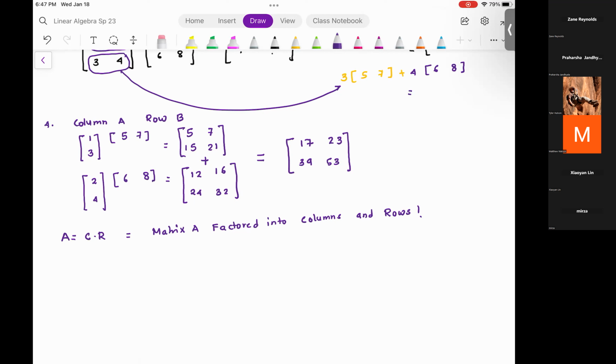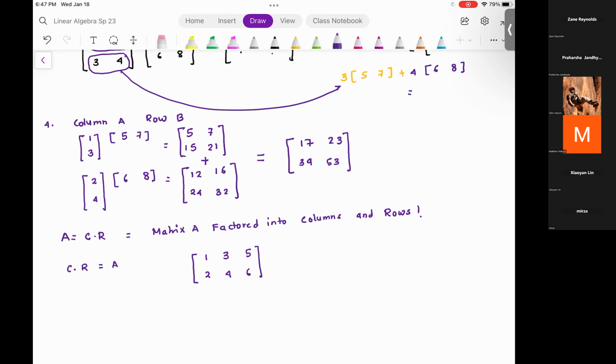Let me pose a reverse problem. I have a C times R and I want to formulate A. So I'm going to say my C is 1, 2, and maybe 3, 4, 5, 6.